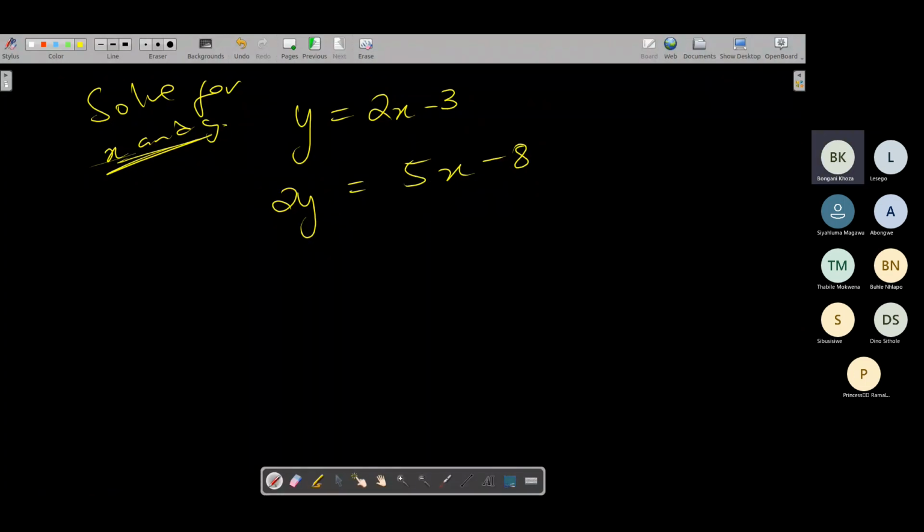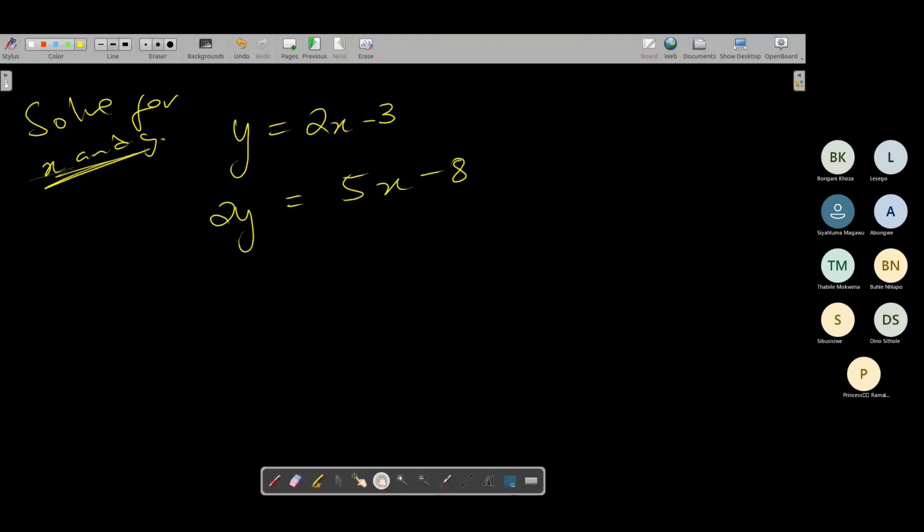Hopefully she will be able to see. Can you see the screen now? Kia, can you see the screen now? Yes, no, maybe?